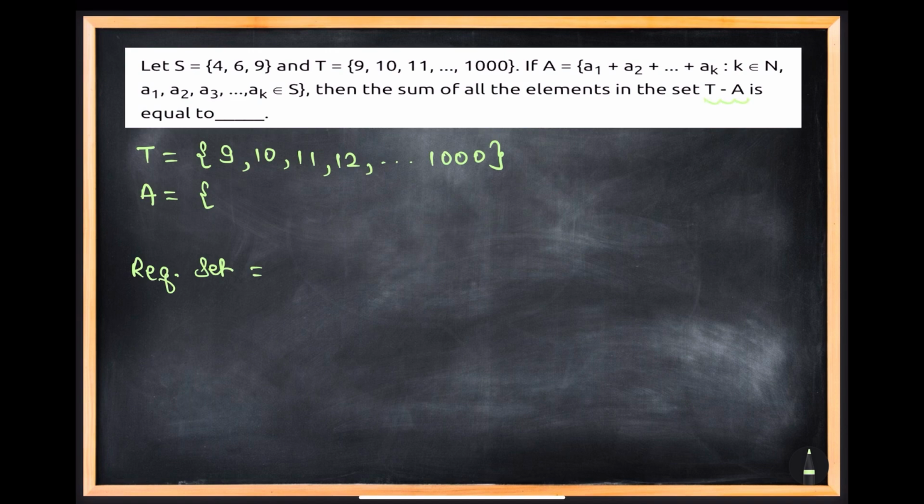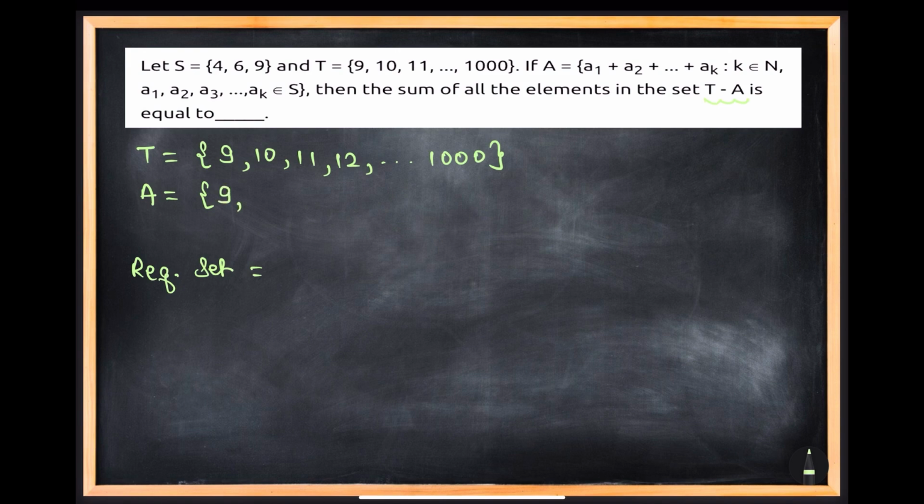T minus A means you have to remove elements from set T which exist in set A. Now try to imagine, in set A, do you think 9 can stay? Yes, it can. In case 1 I will take only 9, and we will have that element in the set.